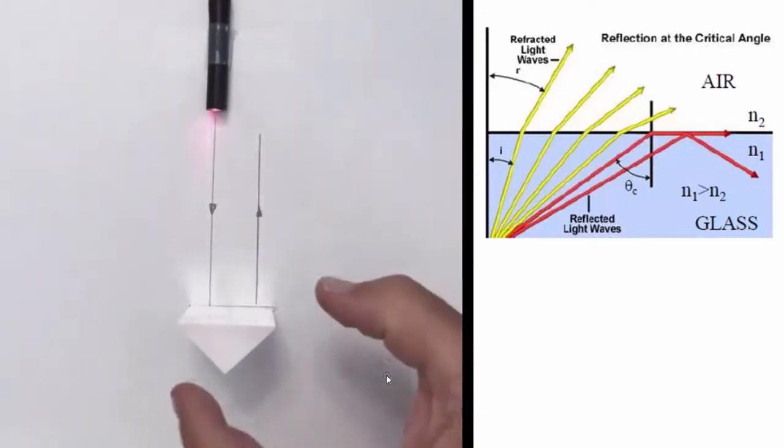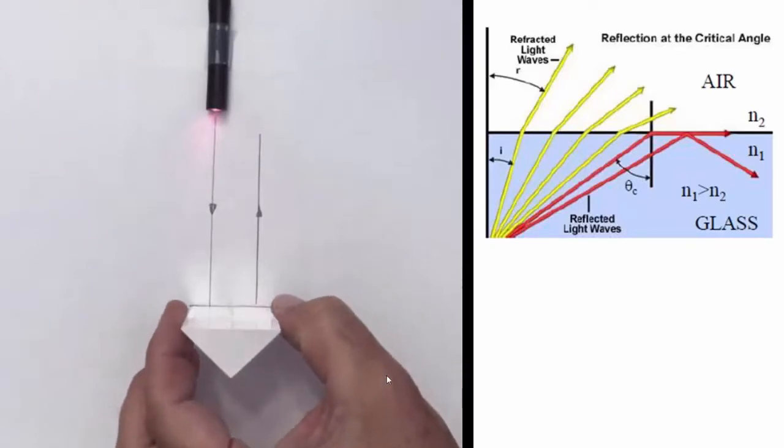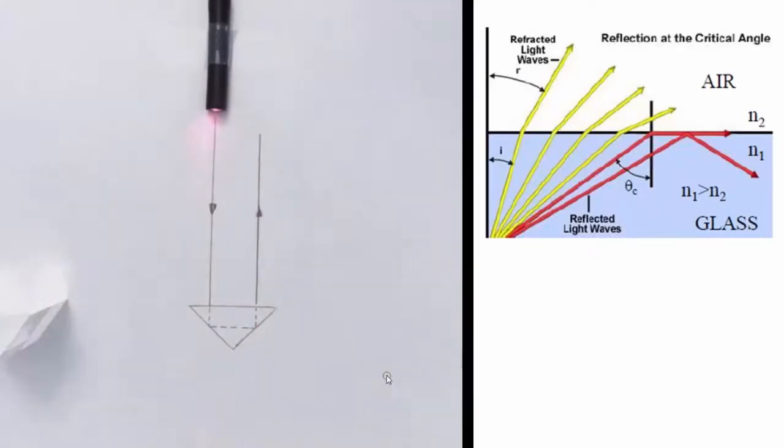So if we remove this right angle prism, you can see the footprint that I made. There is something called total internal reflection that's taking place here. Total internal reflection happens at certain conditions. The first condition that has to be fulfilled is that the light has to be moving from the medium that has a higher index of refraction into the medium that has a lower index of refraction.